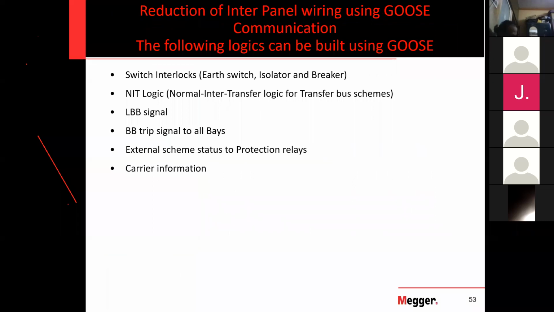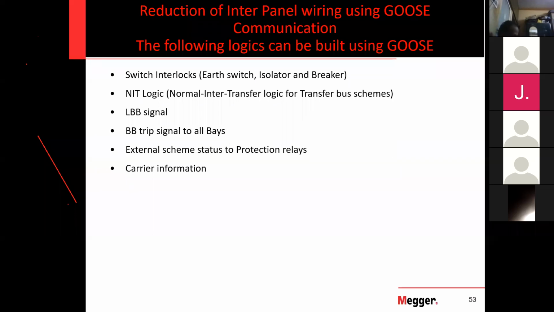Some of the signals: we all know that isolator and earth switch are offline devices. Breaker is an online device, which means you can operate it even when current is flowing. Isolator and earth switch cannot be operated that way, which means there is an interlock. When the breaker is closed, the isolator cannot operate. When the isolator is closed, you can operate the breaker. Like this, you create all interlocks.